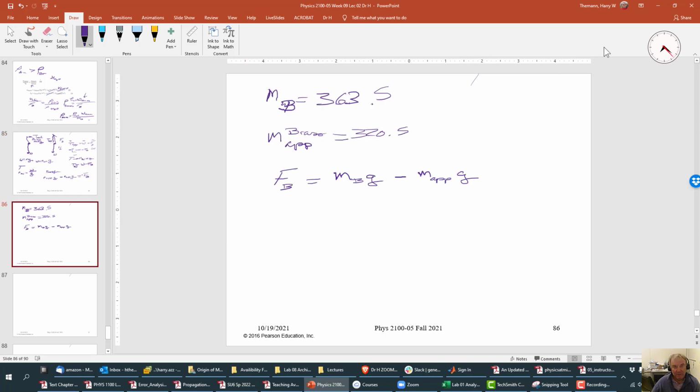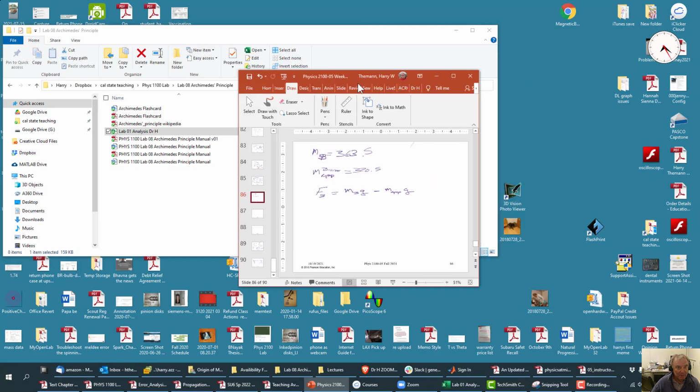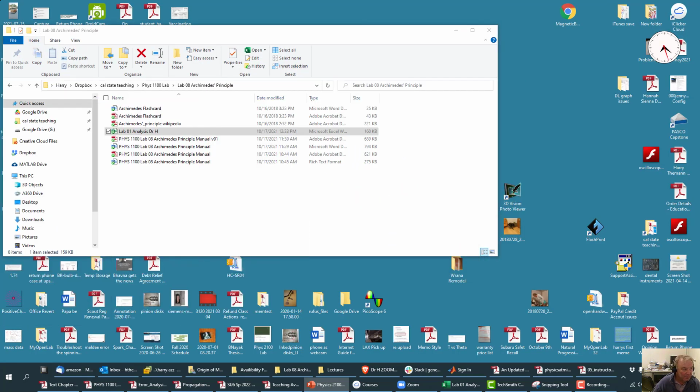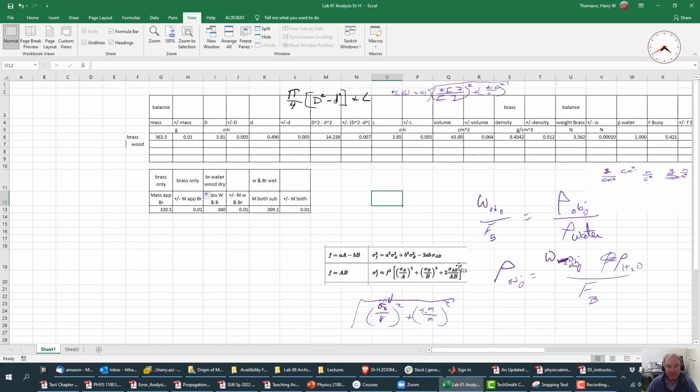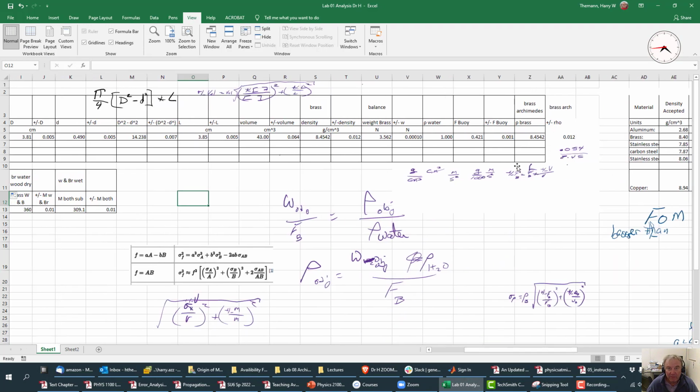But let's go back to the spreadsheet then. And I'll put this up, so I can see it. So spreadsheet, where are you? Here it is. So let's zoom in on the buoyancy measurement.